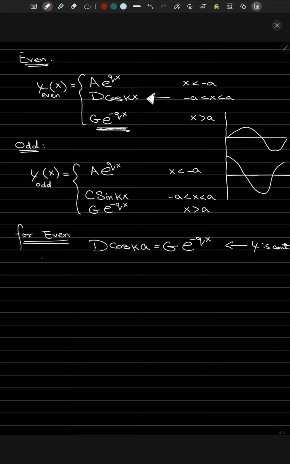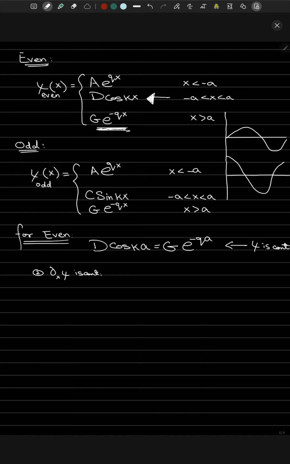But we also know from the second boundary condition that partial x of psi is continuous. So that would imply that the partial derivative with respect to x in this case should also be continuous. So that means that approaching the wall x equals a from the left and the right hand side should assume the same value.